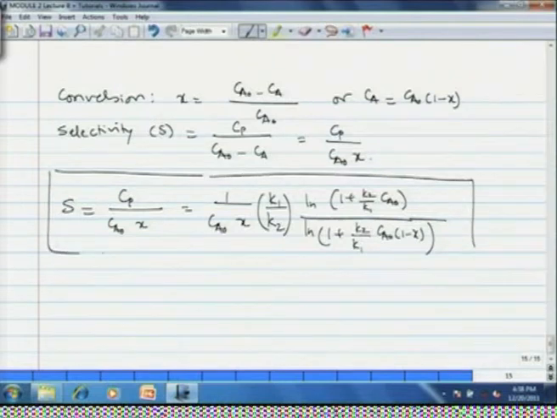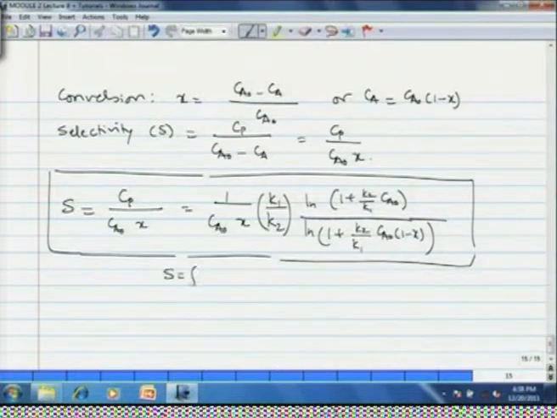Now, here you will find that selectivity is a function of conversion, which was not in the earlier case. Here you see x on the right hand side. So, here the selectivity changes with the conversion. So, we have to find the optimum residence time in the reactor so as to have the maximum production of the desired product.